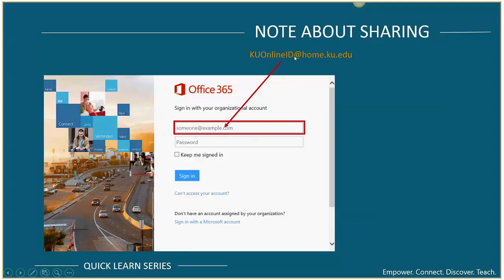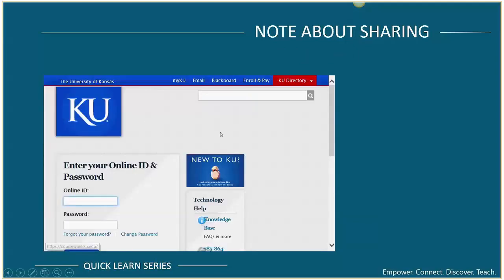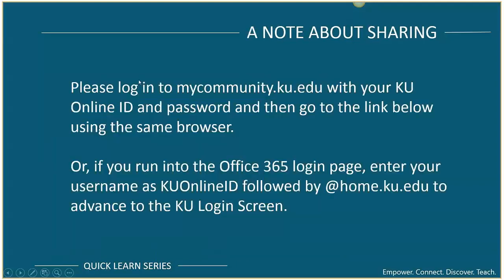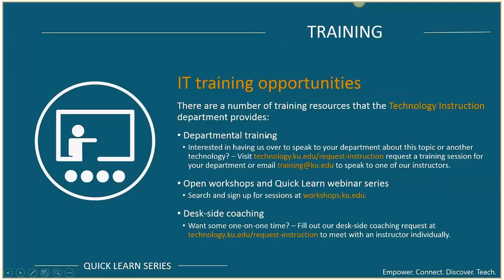Once they do that, they'll advance to the KU login page where they can log in as normal. So I'll include this slide in the follow-up, but usually I include a message in my invitation to view that document with those instructions so that they don't get lost.